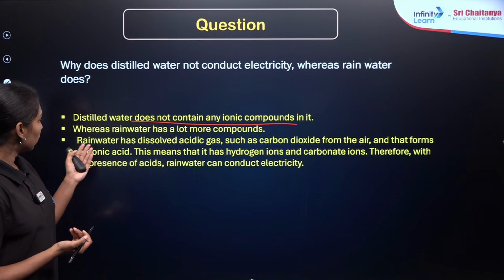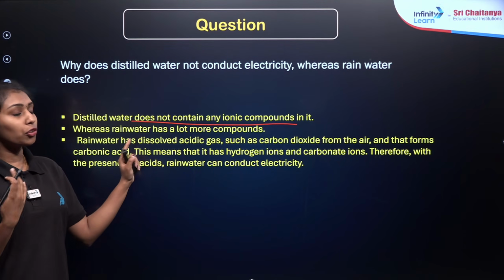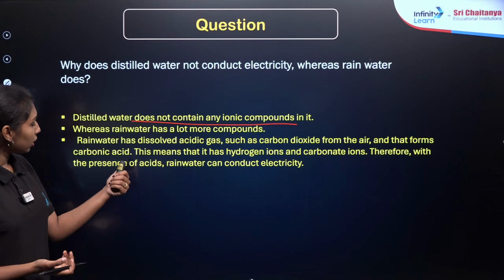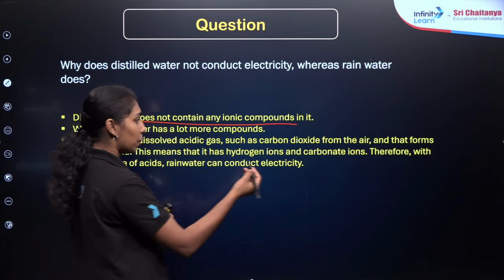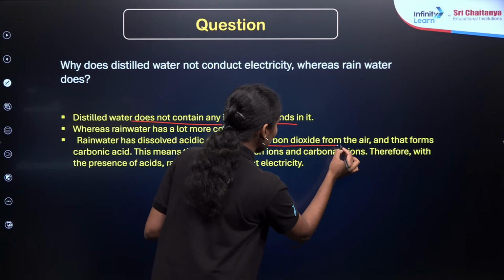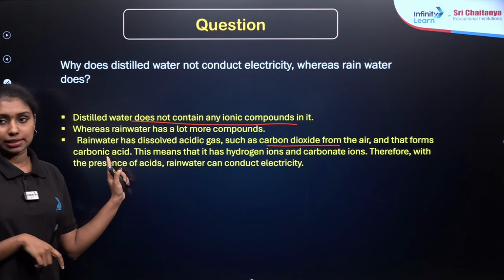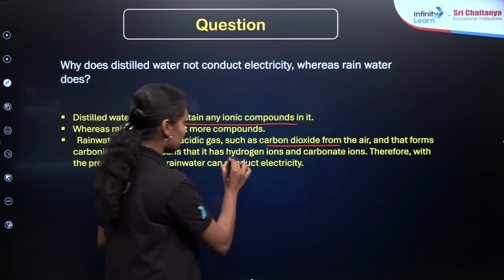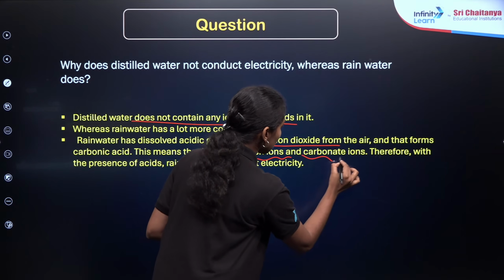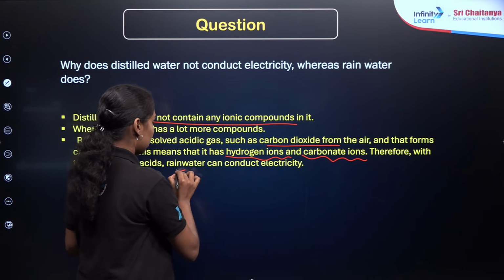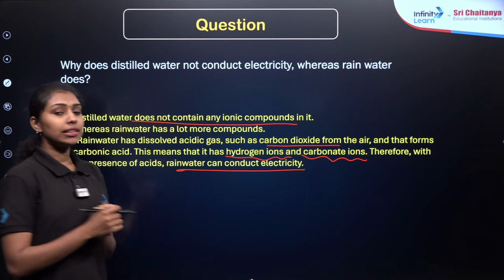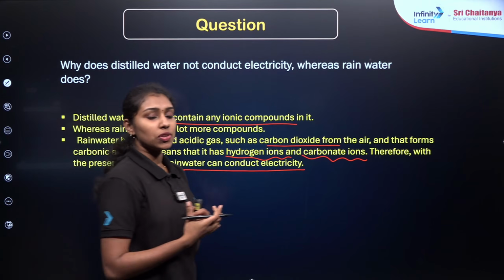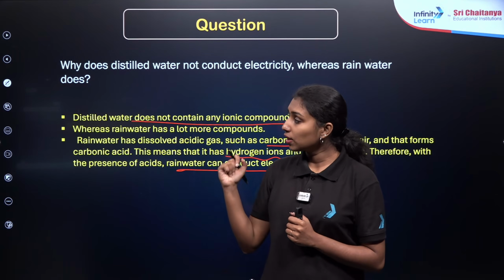But what about the case of rainwater? Rainwater has a lot more components, right? Rainwater has dissolved acidic gases such as carbon dioxide from the air, and that forms carbonic acid. So this means that it has hydrogen ions and carbonate ions. Because of the presence of these ions, it will conduct electricity. Is that clear? In distilled water, there are no ionic compounds or ions present, so it does not conduct electricity.